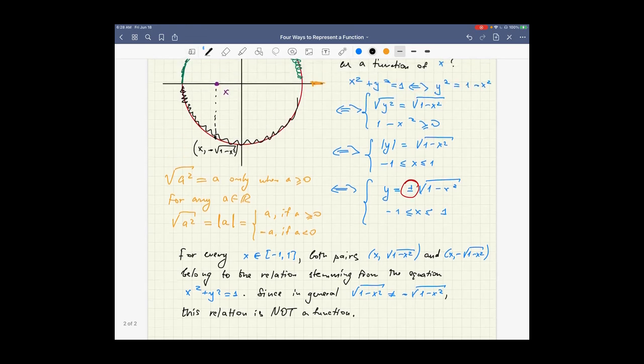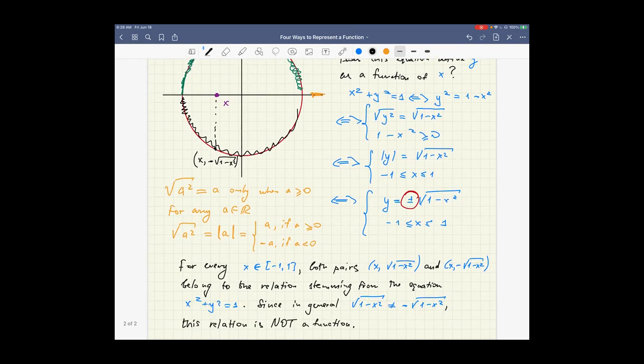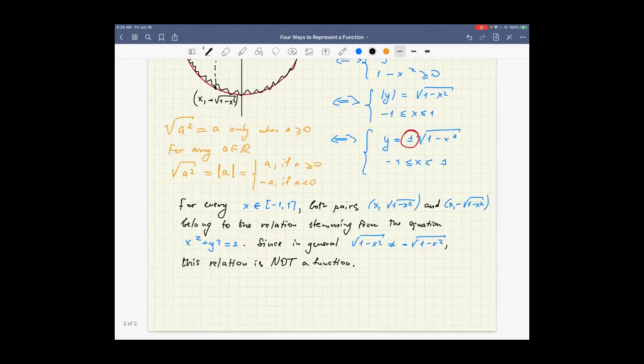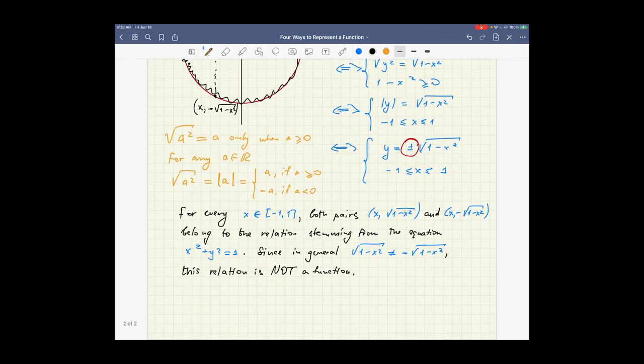Remember, a function has to have the property that for every x in the domain there is exactly one y, or in other words, if y equals f of x and z equals f of x, then necessarily y equals z.